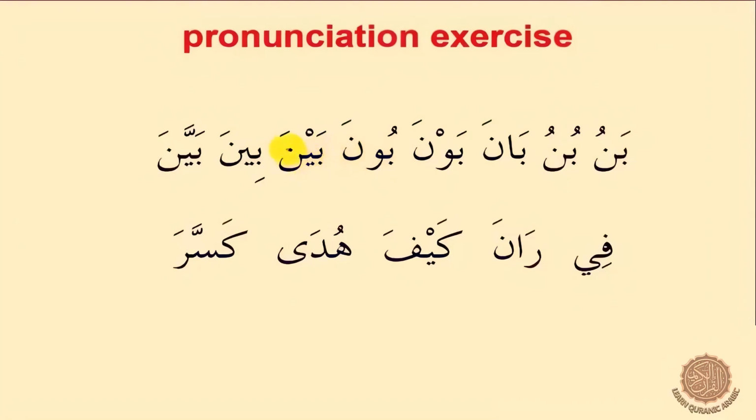Then next is bayna. Then we have bina. This is a long vowel. Bina. And finally, it's bayyana. So there's a shaddah there. So it can actually be written as follows. The ba, then the ya, followed by another ya, and then finally the noon.